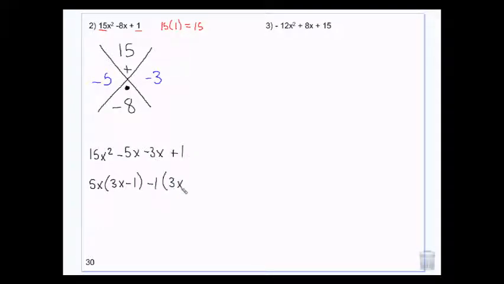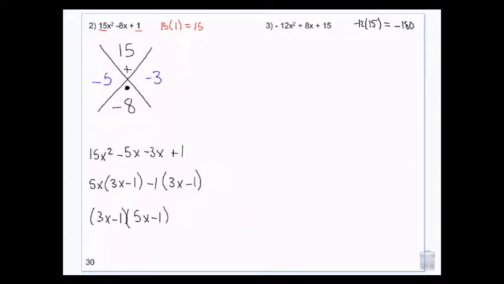And I get 3x minus 1. Does that make sense? So then I'll take that 3x minus 1 out, and then I have 5x minus 1.